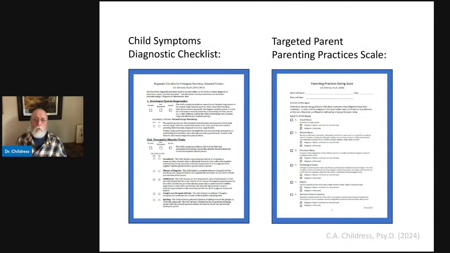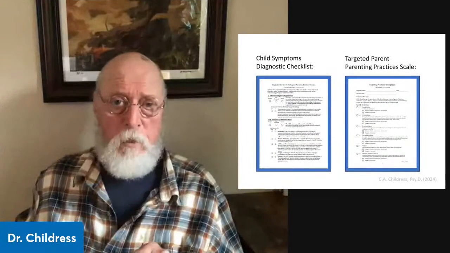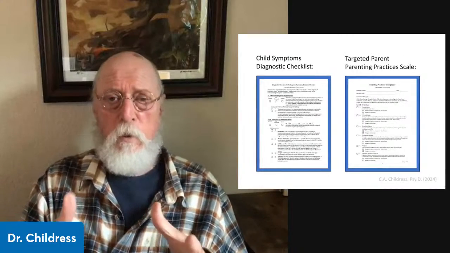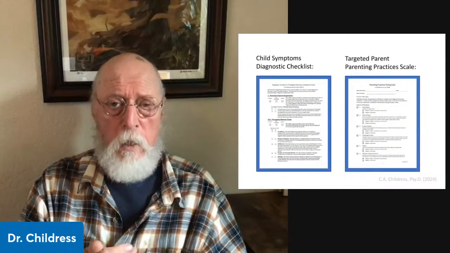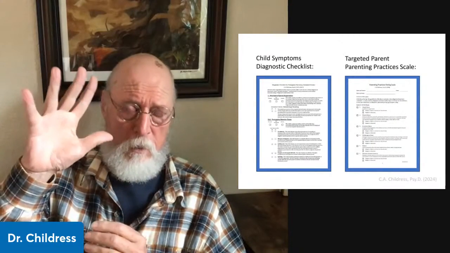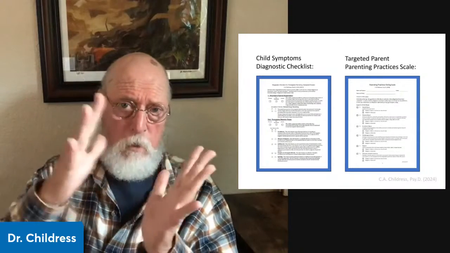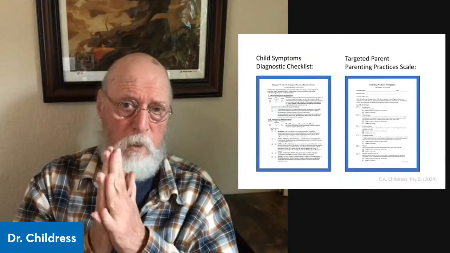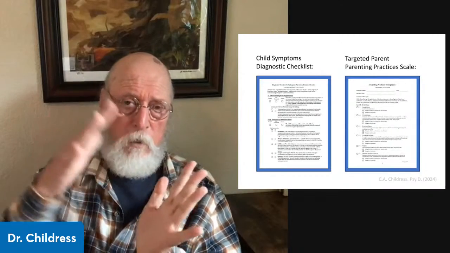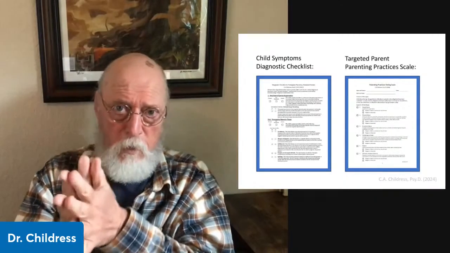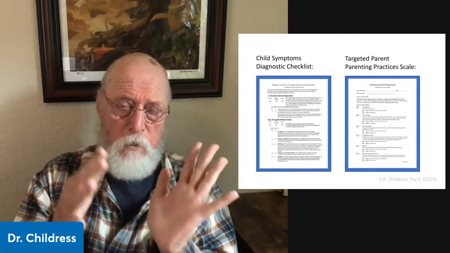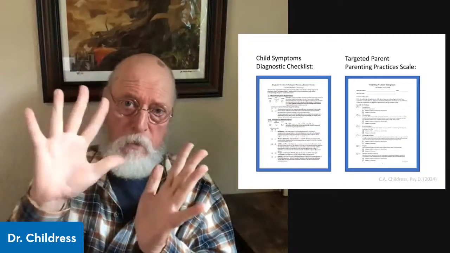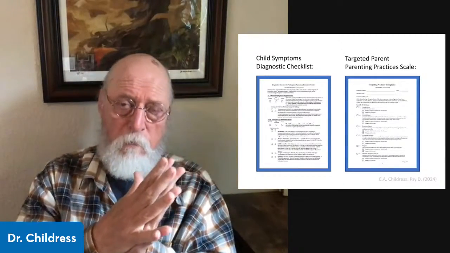So all diagnosis in healthcare, and I shouldn't have to explain this to doctors, but all diagnosis in healthcare is a pattern match of the diagnostic criteria to the symptoms. And so if the diagnostic criteria match up to the symptoms, that's your diagnosis. So if you pattern match to schizophrenia, you have the diagnosis of schizophrenia because your symptoms match the diagnostic criteria of schizophrenia.